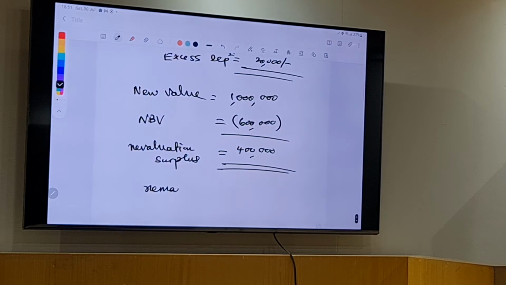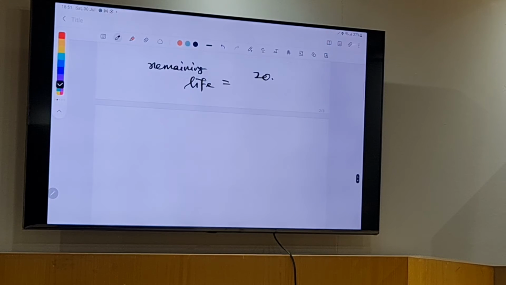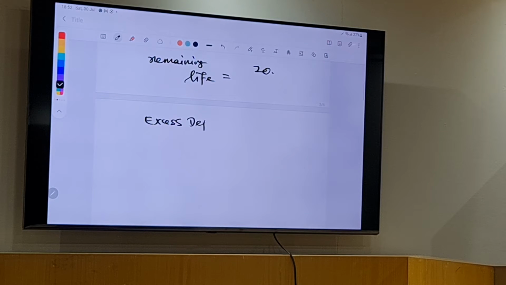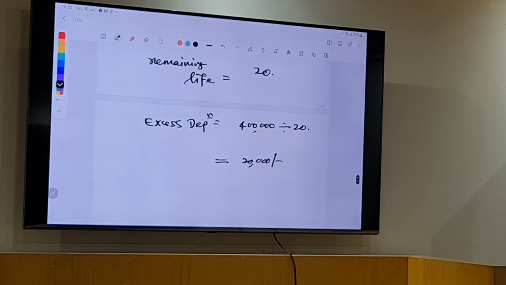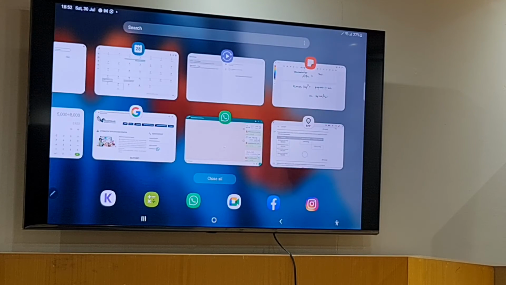Remaining life, how many years? 20. Now the excess depreciation will be how much? 20. You will get the same answer. You can do it in 2 ways. But this is not the answer they want.